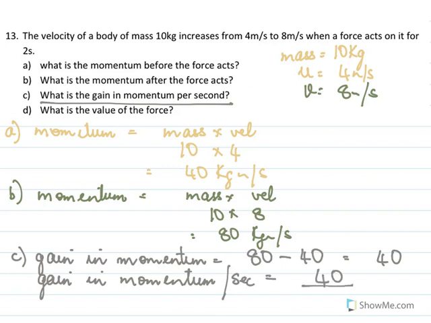Per second, that is 40 gain in momentum, divide by this whole change takes 2 seconds, right? So the change takes 2 seconds, that means over 2, and that will be 20 kg meter per second will be the gain in momentum.